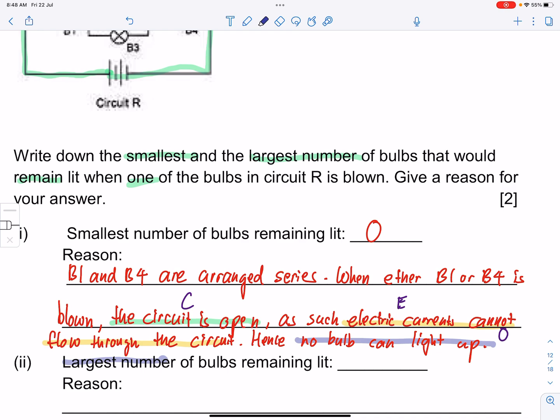So definitely the bulbs that will be affected will be the ones arranged in a parallel arrangement, because bulbs in parallel arrangement have alternating pathways, correct? Then my current can at least go somewhere else.